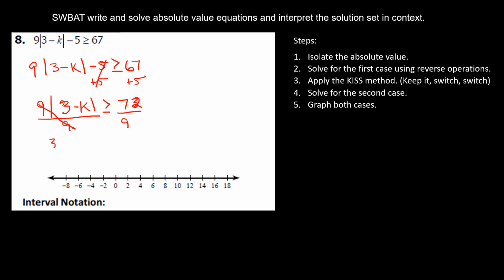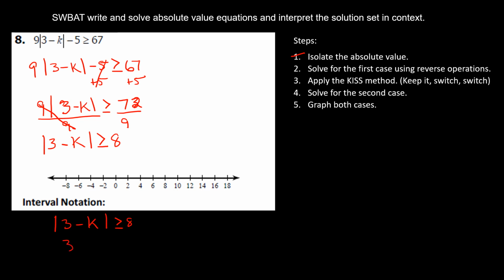So I get absolute value of 3 minus k is greater than or equal to 72 divided by 9 is 8. Okay, so this is the isolation. And now I'm going to continue the work down here. So I don't want to get into our graph there. So we isolated. This is important. Okay. Now we're going to solve it.